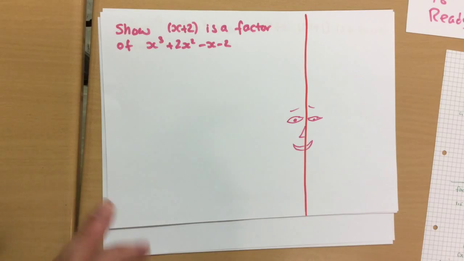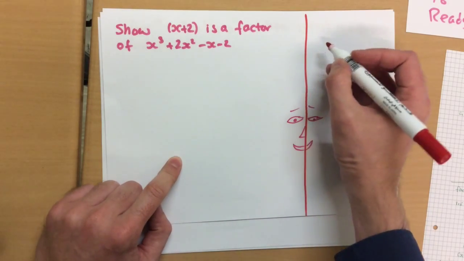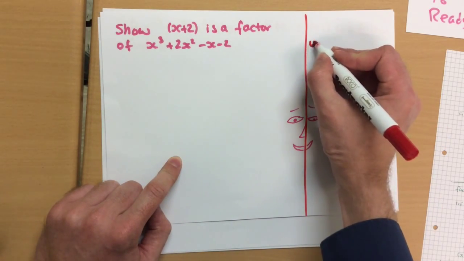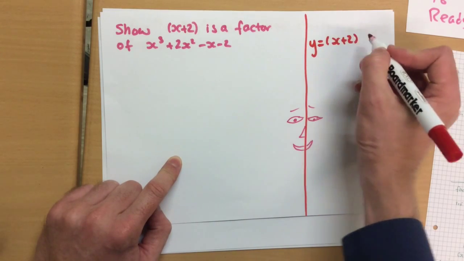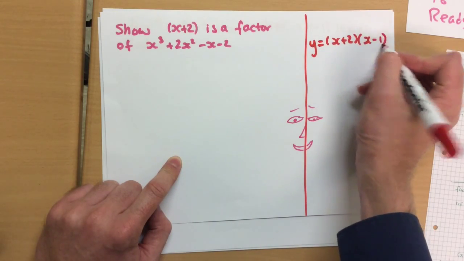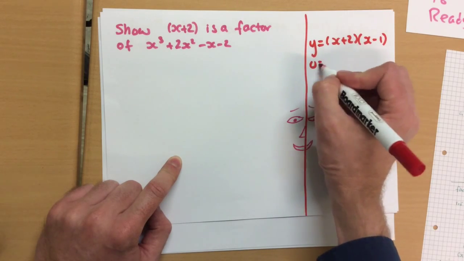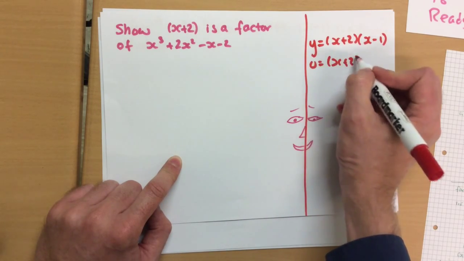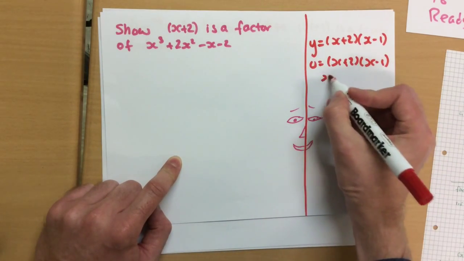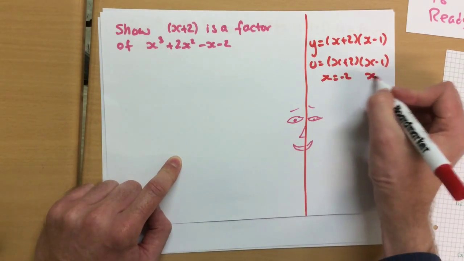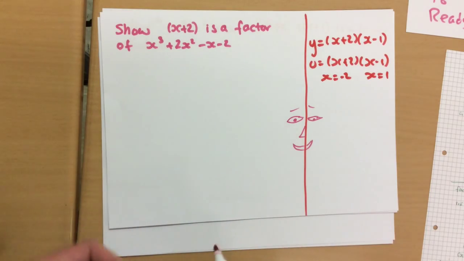But here's a little shortcut. Let's remember, when we're solving equations, we come out with something like this: 0 equals x plus 2, x minus 1. You guys know our solutions are x is minus 2 and x is 1.